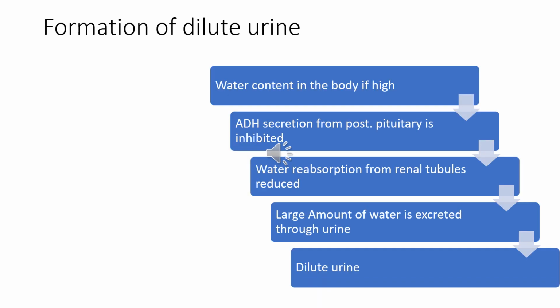How is a dilute urine formed? If the water content in the body is high, the secretion of antidiuretic hormone from the posterior pituitary will be inhibited, and the reabsorption of water from the renal tubules will be greatly reduced. So, a large amount of water will be excreted through the urine, and this makes the urine dilute.